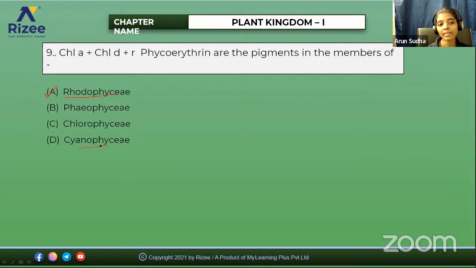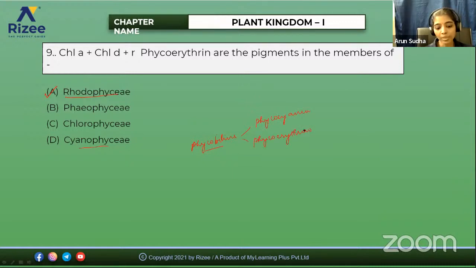Under algae, these Cyanophyceae are actually cyanobacteria. They share many properties with red algae. Both have the pigments phycobilins, which include phycocyanin and phycoerythrin.